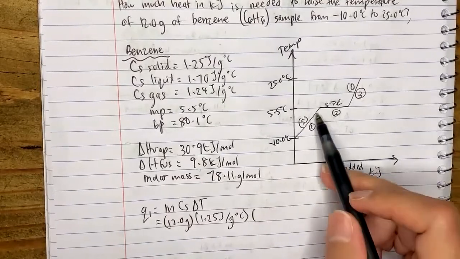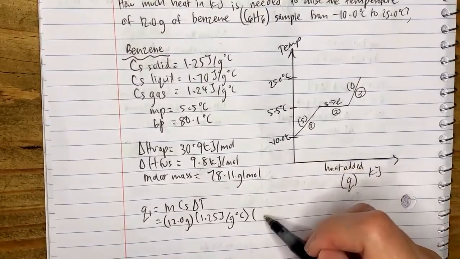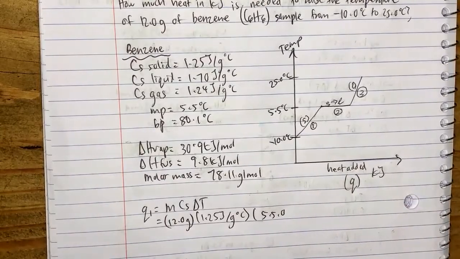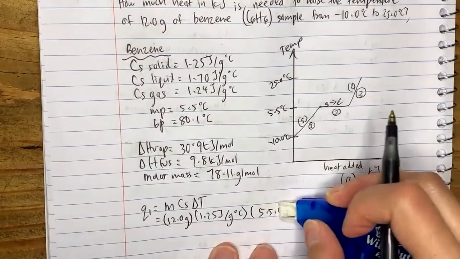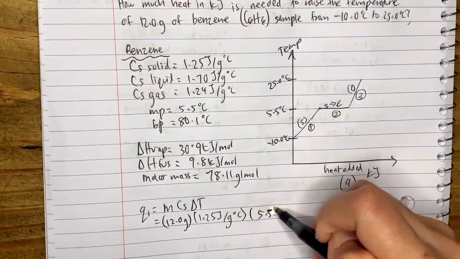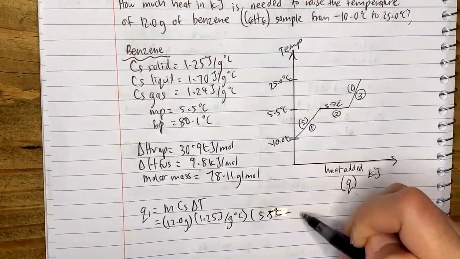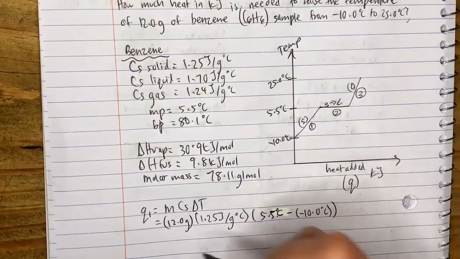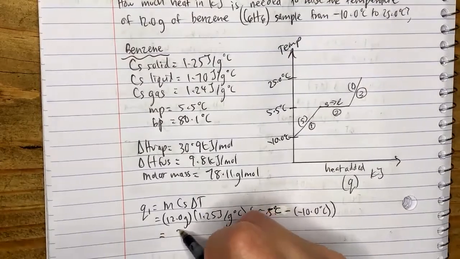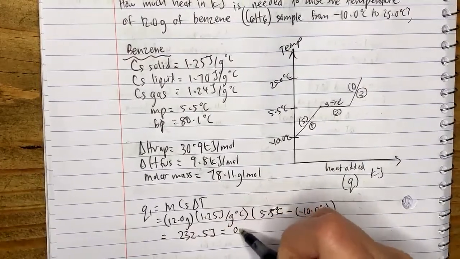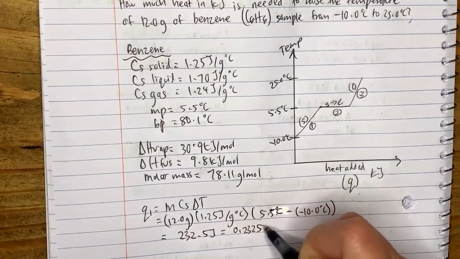And my delta T is 5.5 Celsius minus -10 Celsius. Okay, and then you get 232.5 joules, or 0.2325 kilojoules.